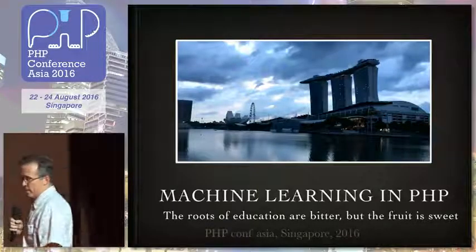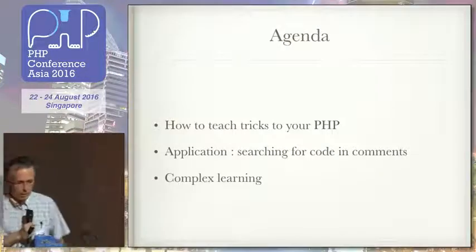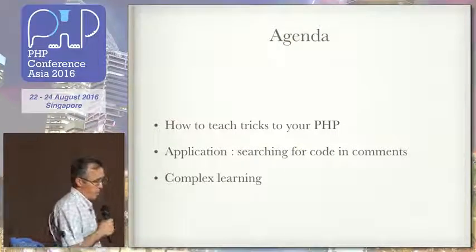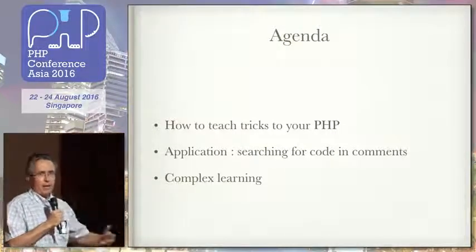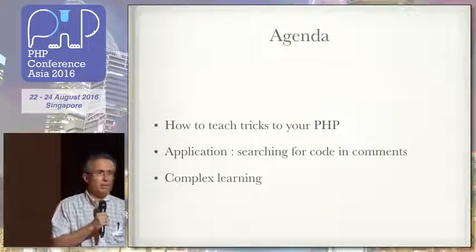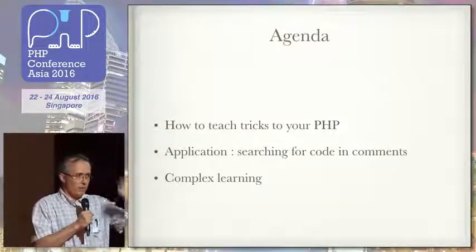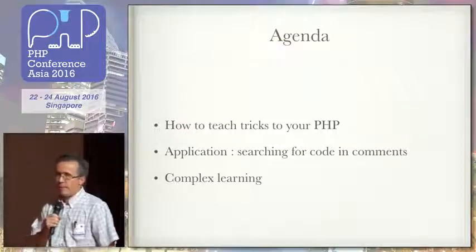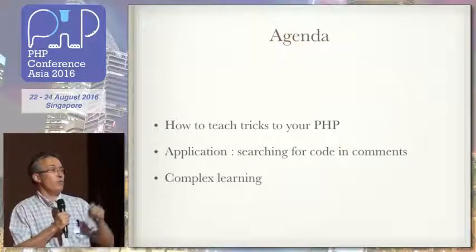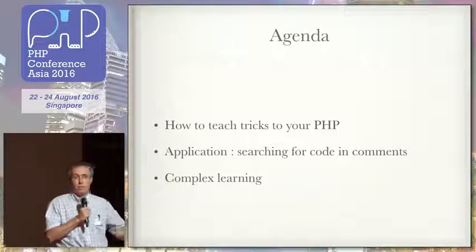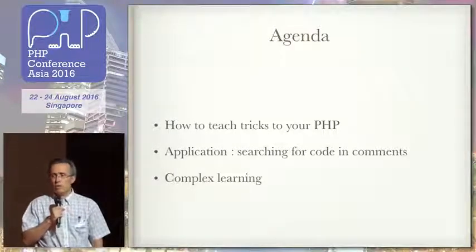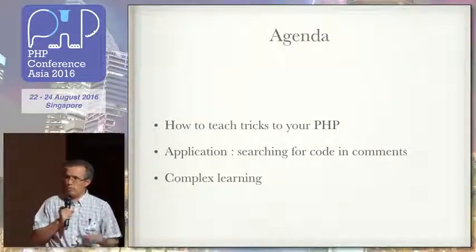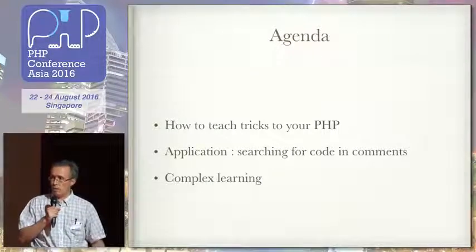Anyway, we're going to see how to teach new tricks to PHP. We're just going to give it the information and PHP will solve the problem on its own. That will also be applied to a very specific problem that we have in PHP as in any other language, which is commented-out code.